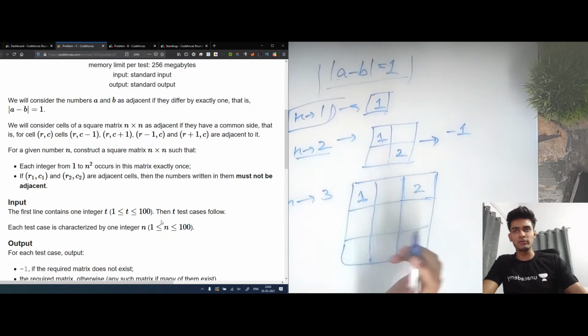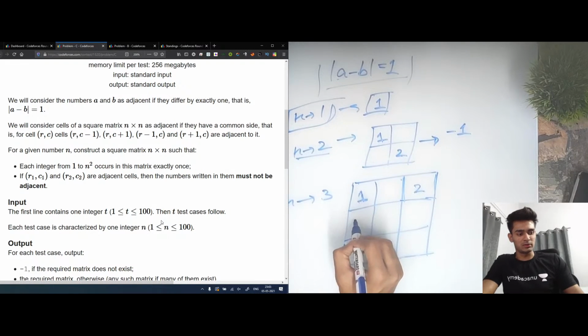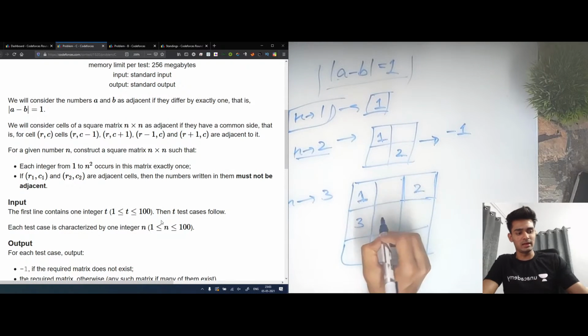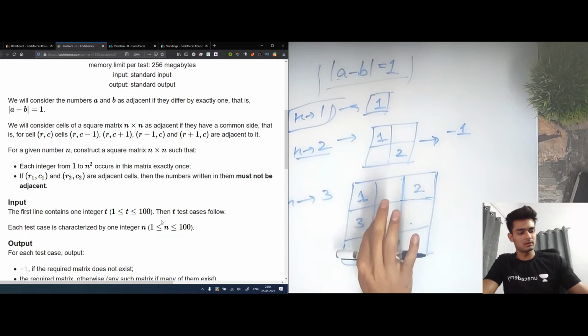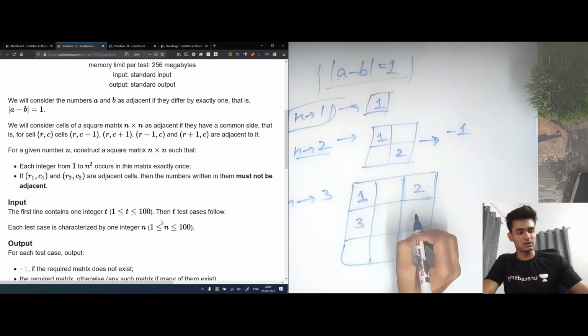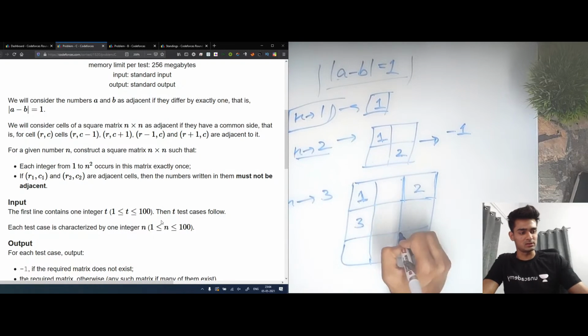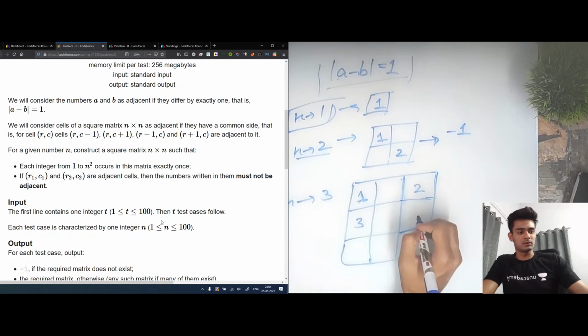Now let's come on to 3. We can put 3 here as well, but okay, let's say we put 3 here. Now let's come on to 4. We cannot put 4 here, so let's come on to the next cell, which is this one. Let's try to put 4 here.